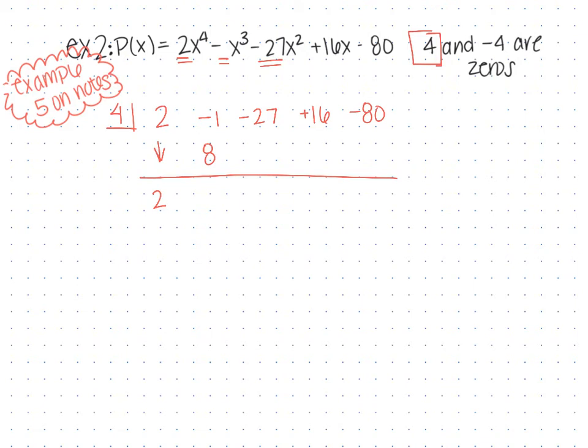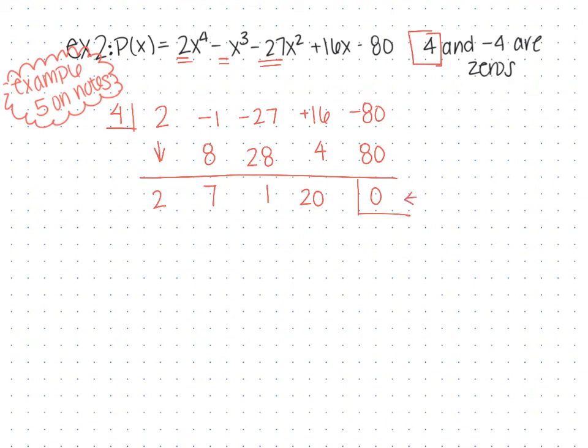So negative 1 plus 8 gives me 7. I'm then going to multiply on the diagonal and get positive 28. Negative 27 plus 28 gives me positive 1. Multiply on the diagonal, so 4 times 1 gives me 4. 16 plus 4 is 20. And then 4 times 20 gives me 80, add them, which gives me 0.